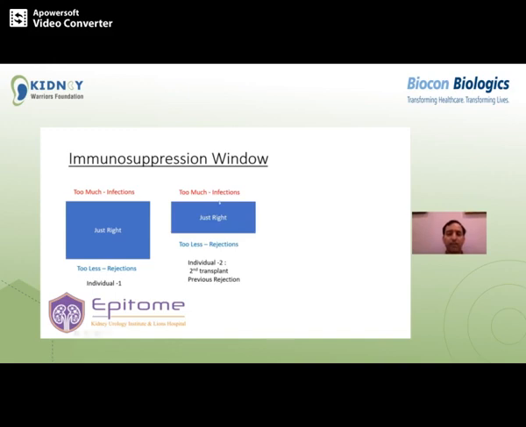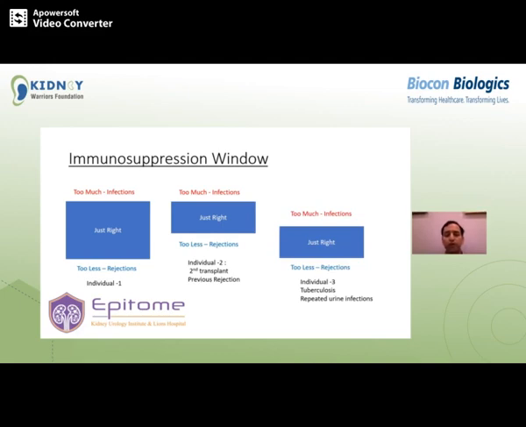Again, there is the part where it is just right. And again, if you give too much, it is infections, too little, it is rejection. And because they're at higher risk for rejection, that window from where it is for someone else might be a much narrower window.